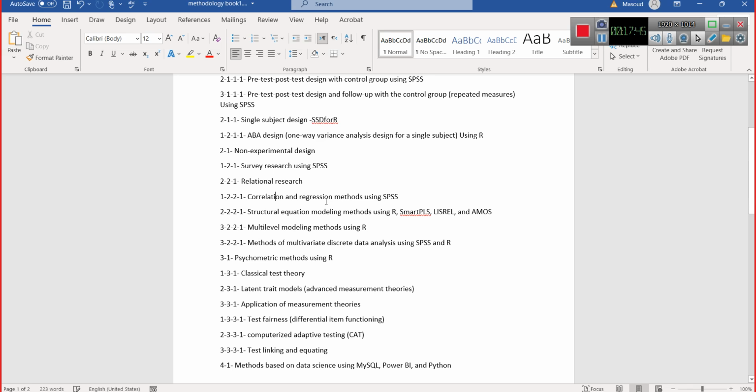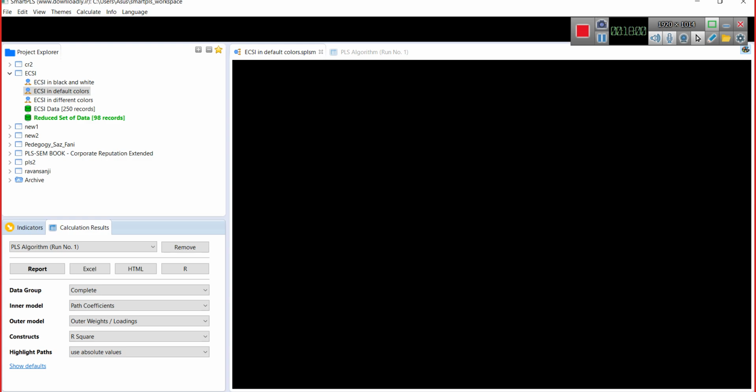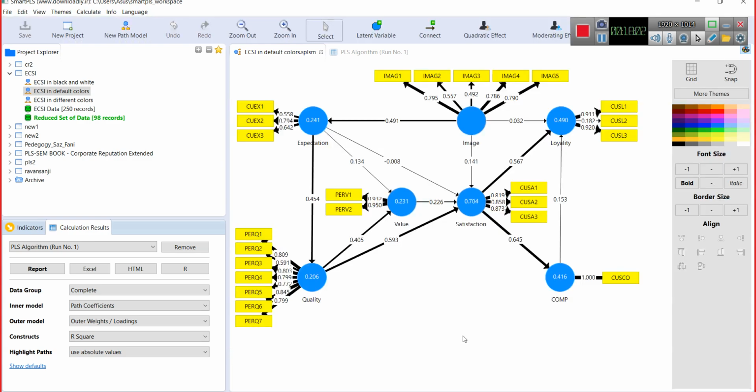So some traditional research method designs like multiple regression design are not enough for doing the analysis. So some software like SmartPLS, as you can see in this demo, do the analysis through the direct and the indirect effects.